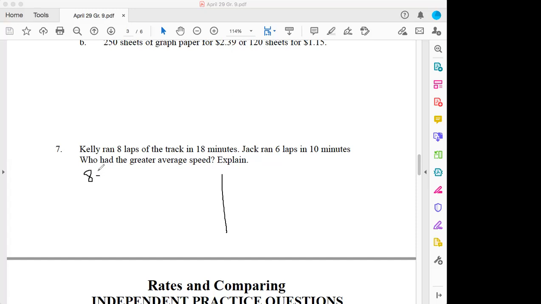So if we do 8 laps divided by 18 for Kelly, that is going to show you that Kelly ran 0.44 laps in a minute.